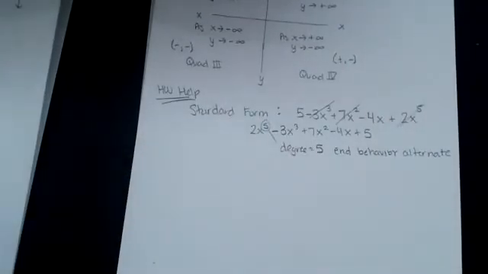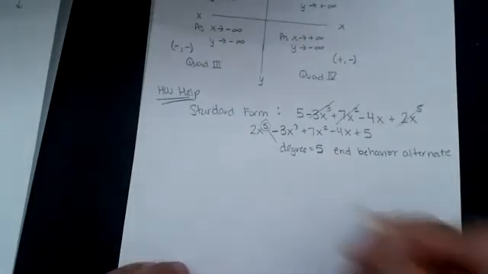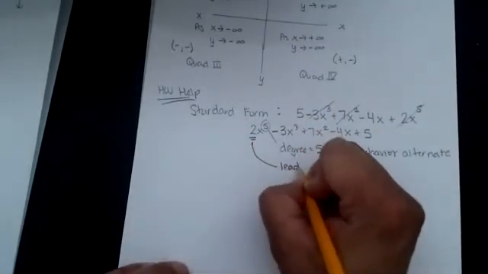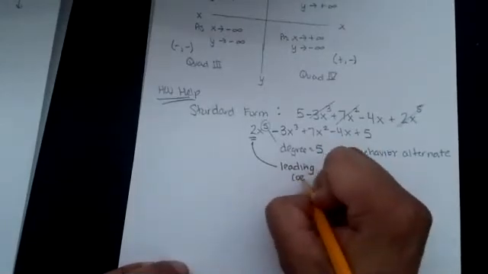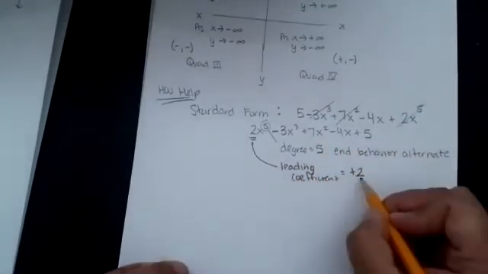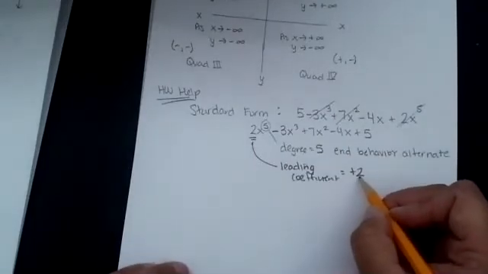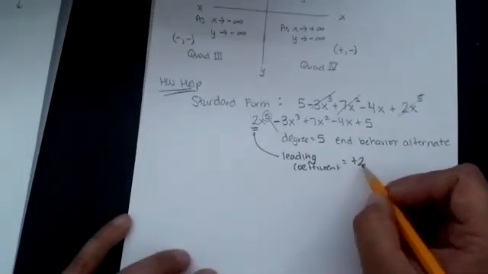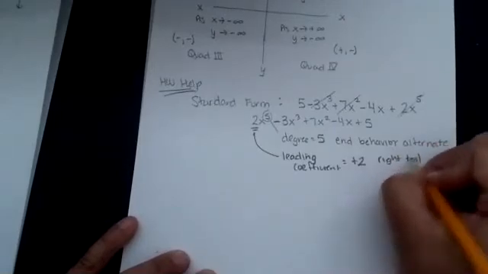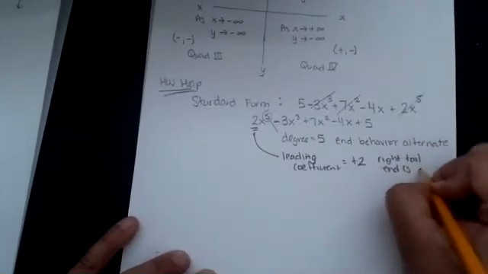So it's either one's going up, one going down, or one's going down, one's going up. And then because the leading coefficient is a positive 2, that means the right tail end is going up.